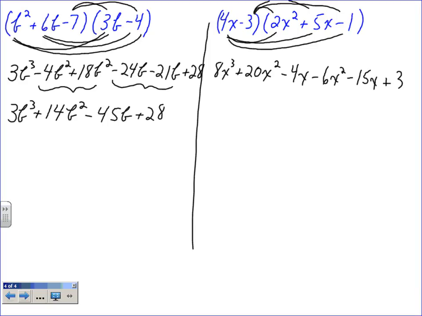Now let's combine all the terms that are alike. Well, I've only got one term that's an x cubed term, so I'll simply write that down. Now I have a 20x squared. I've already taken care of the 8x cubed. So I have 20x squared minus 6x squared, 14x squared.